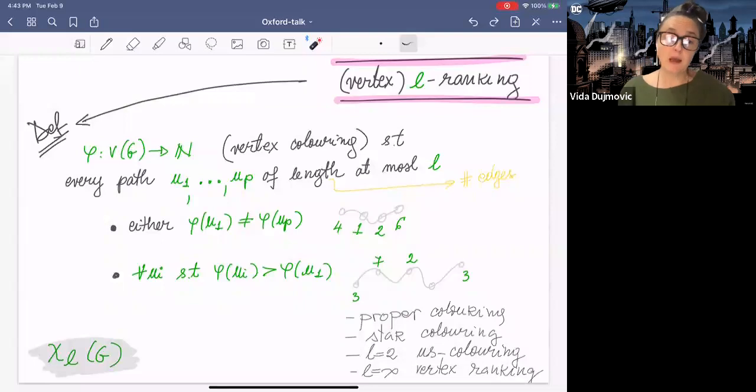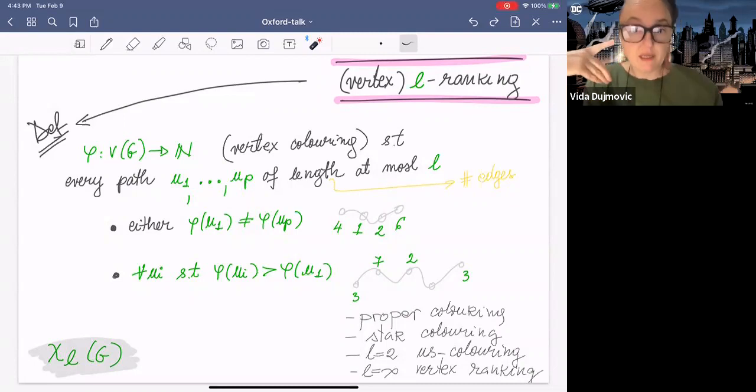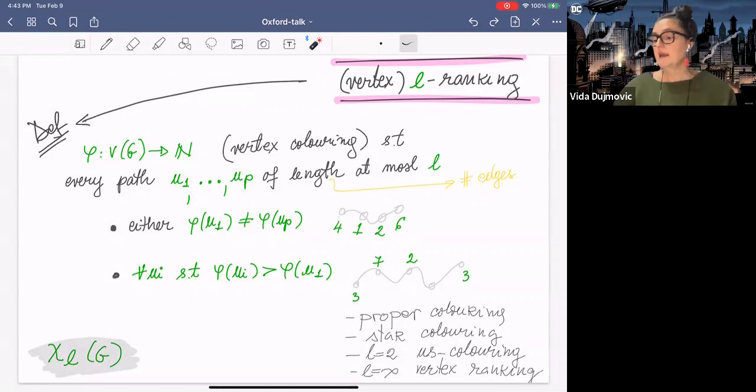That in fact implies that there is a vertex with a unique color that is also a higher color. It's not difficult to see that. So in other words, if the endpoints have the same color, there is a maximum color on that path that is unique, okay? So we see this on this example.